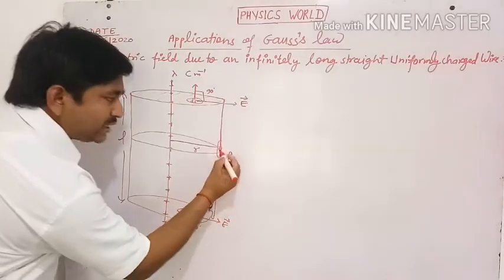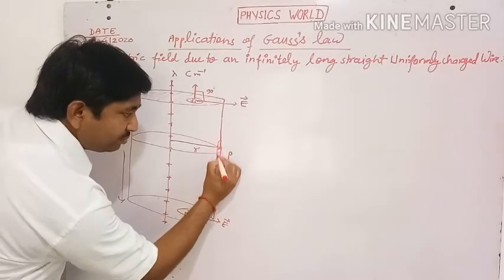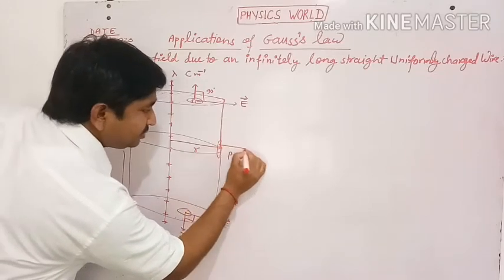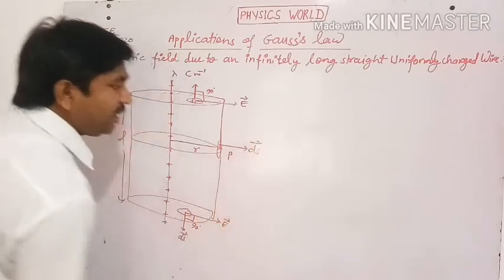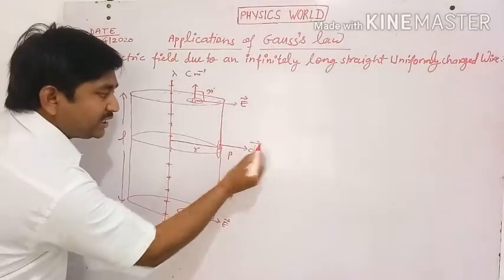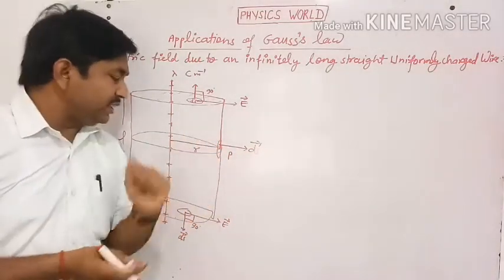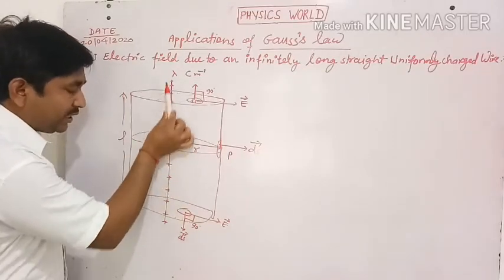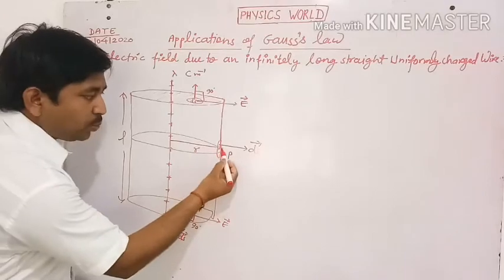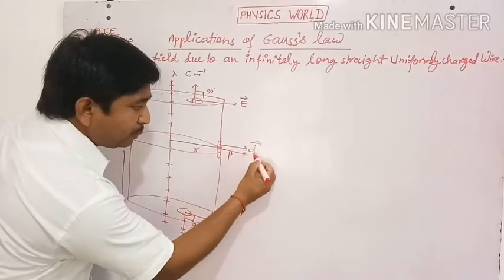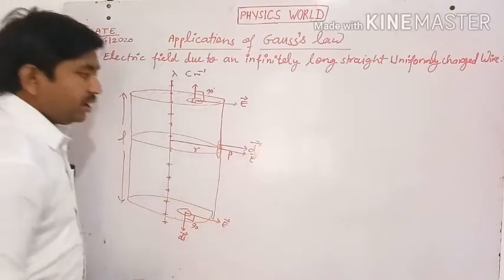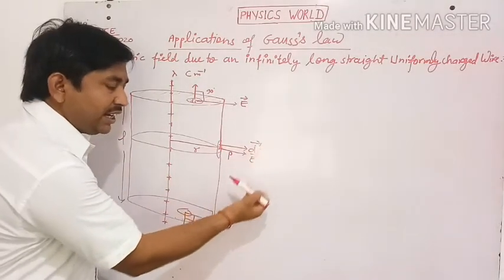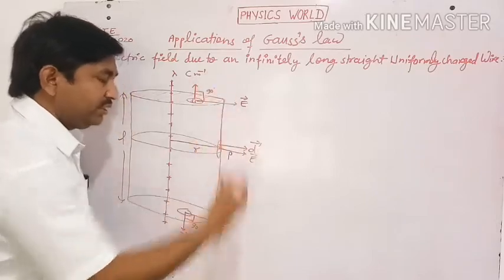If we take a small area element ds which contains this point P or any other point, then the direction of the area vector is perpendicular at that point, and the direction of the electric field due to this line charge at this point is also parallel to the area vector. Hence the angle between the electric field and the area vector is 0 degrees.